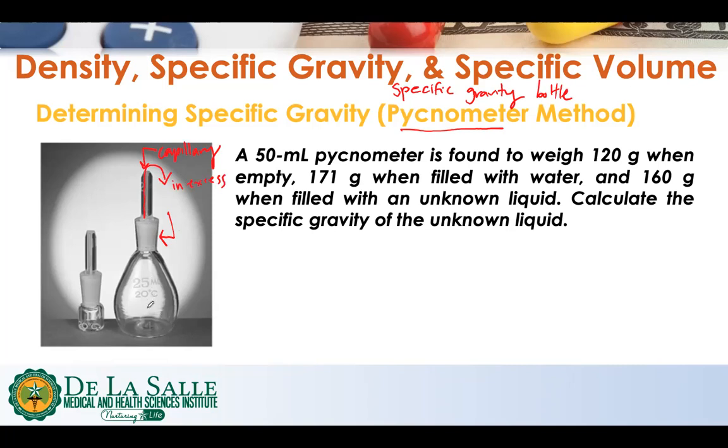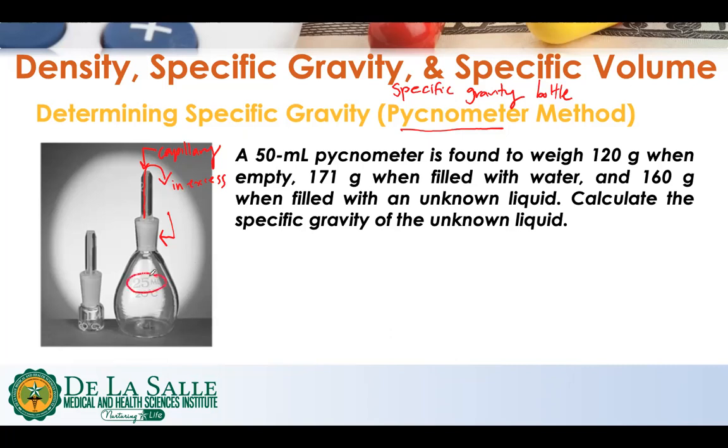Now, there can be a wide range of capacities or volumes of your pycnometer. So there is a pycnometer that has a capacity of 5 milliliters, 10 milliliters, sometimes 25, and others even have up to 50 milliliters.